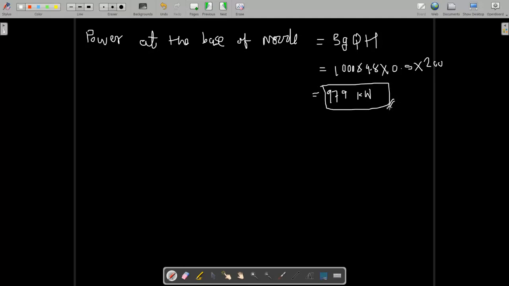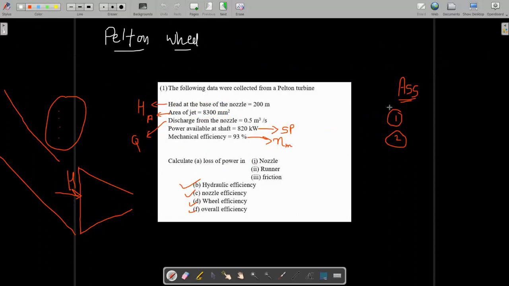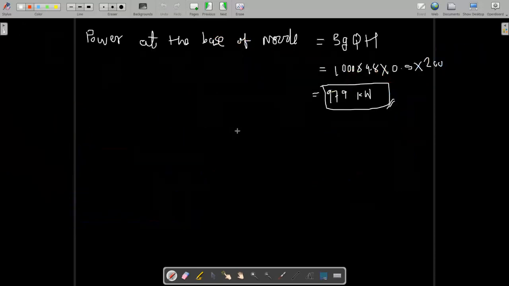Now how much will we get? It is given that the shaft power, this is the power output, this 820 kilowatt is the final output what we get, but the actual power, the ability of water in stored form, that is 979 kilowatt.